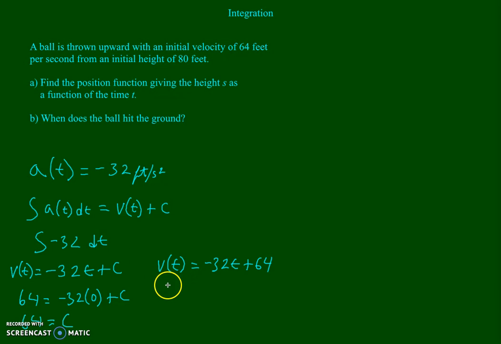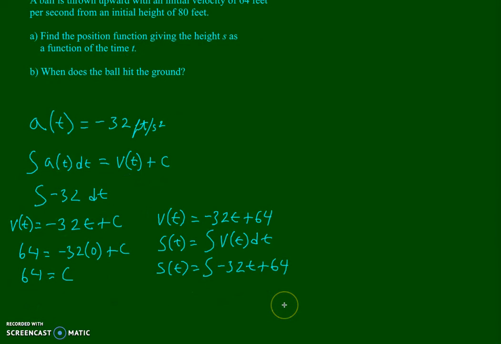So now that we have our velocity function, we can integrate it again and we'll get our position function. So we know that s of t equals the integral of v of t with respect to t. So s of t equals the integral of negative 32t plus 64.